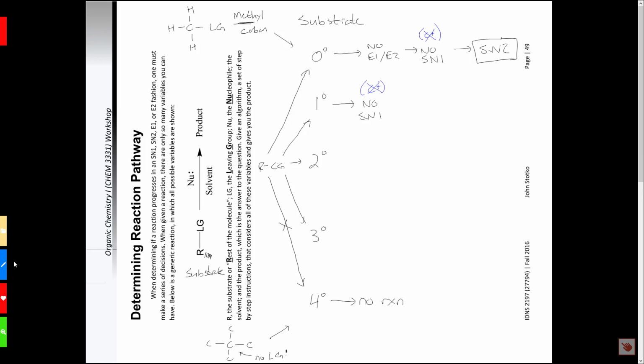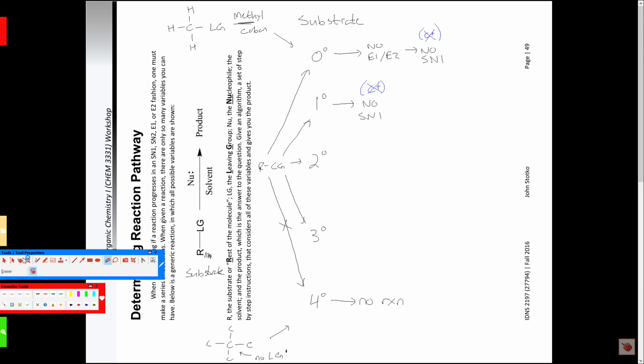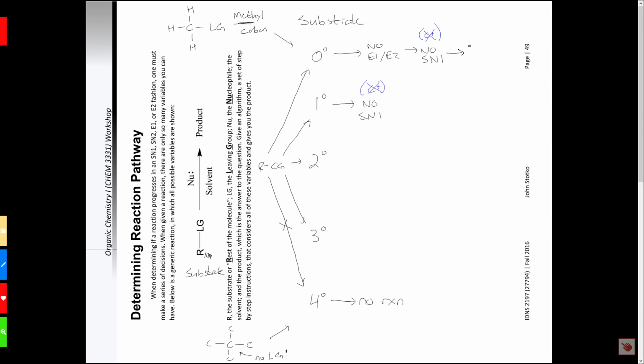So there's actually one more decision we have to make before we can for sure say that it's SN2, and that is: is the nucleophile strong? I'm putting a question mark, and that question can only have 2 answers.